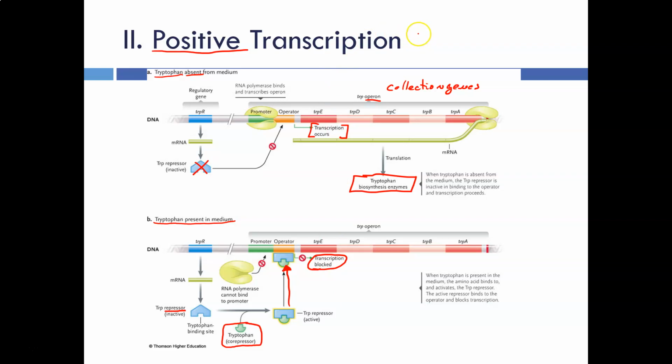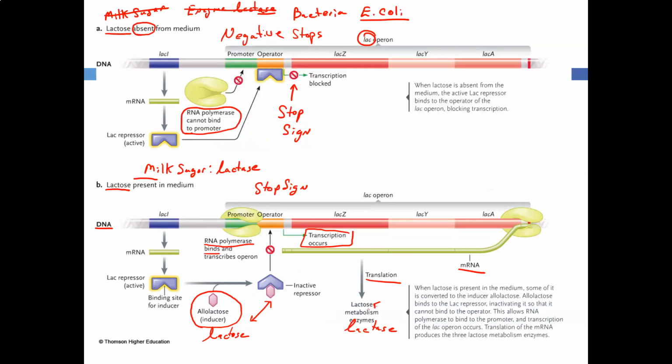Like I said, we see this in a lot of prokaryotic cells and in some eukaryotic cells, but this is a classical way to control what is going to be made within the cell. And the same thing over here, this is the negative control, and again, very common within prokaryotes and some eukaryotes.